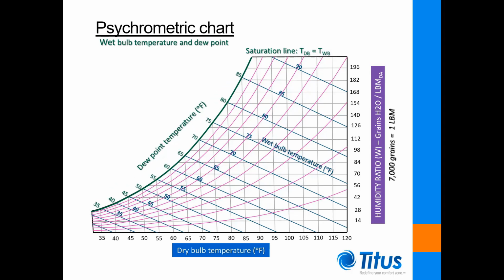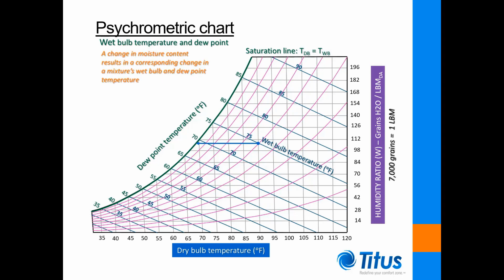The dew point temperature represents the minimum temperature a mix may be cooled to before it starts to condense moisture. For example, a mixture whose dry bulb temperature is 90 degrees and wet bulb temperature is 75 degrees can only be cooled to around 69 degrees before it reaches its dew point temperature. Further cooling will result in condensation and the removal of moisture from the mixture.